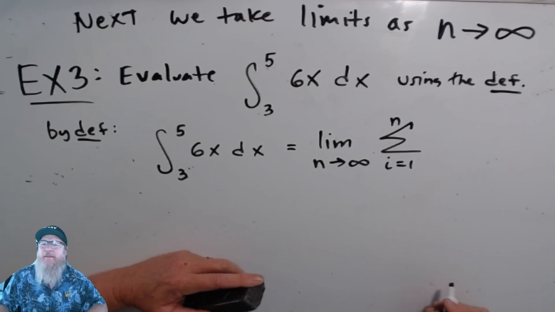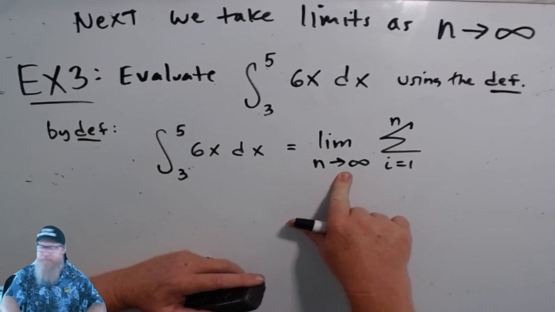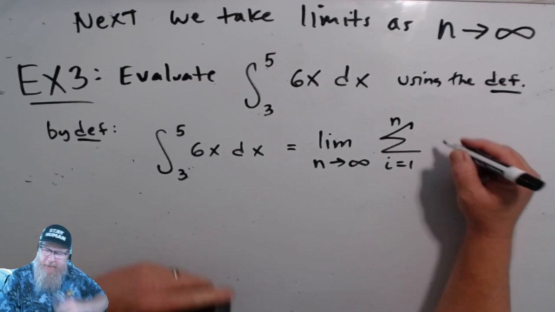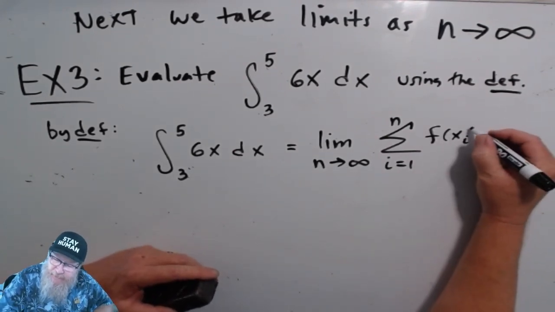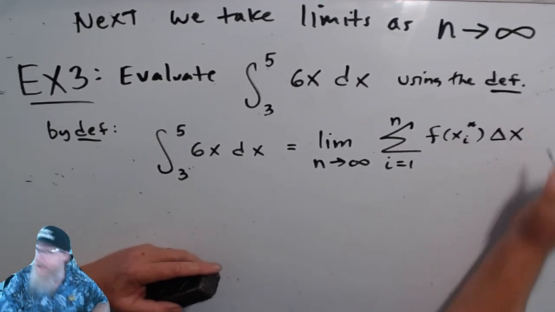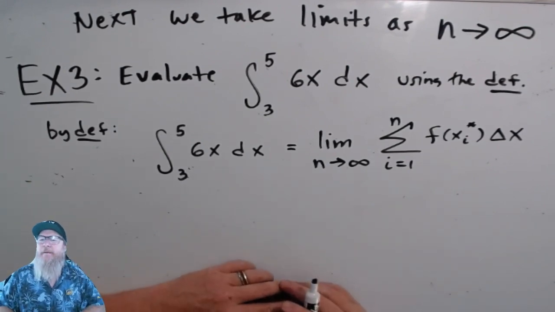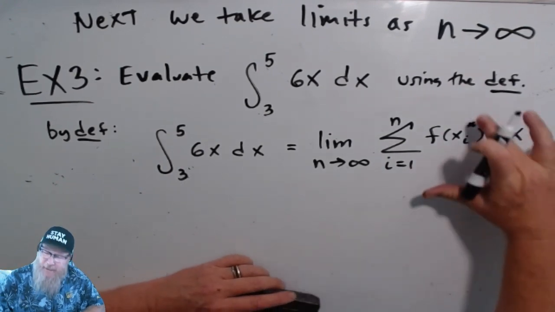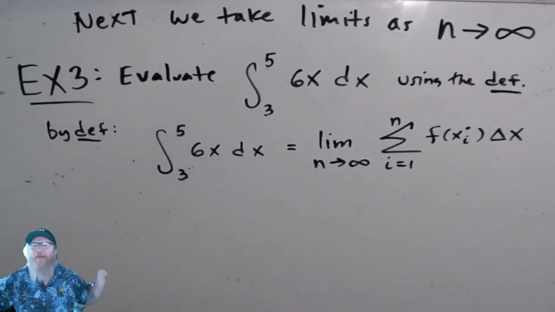We're just going to say that the number of rectangles is infinite, or it's approaching infinity. Of f of x_i, and again, technically it's got the star here, delta x. The star just looks so messy to me. I can never really draw it good. Maybe you can just do a dot. Or you could leave it off completely.